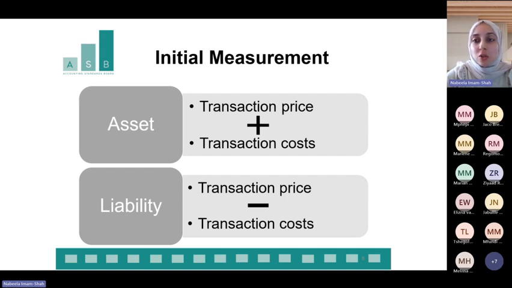Now, where there is no transaction price, or the transaction price does not faithfully present relevant information, then deemed cost is used. Also, just to note, this does not mean that this is the requirement in each of the individual standards. For example, in financial instruments, the treatment of transaction costs depends on the classification of the instrument.